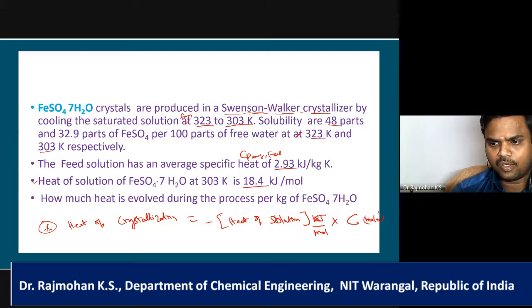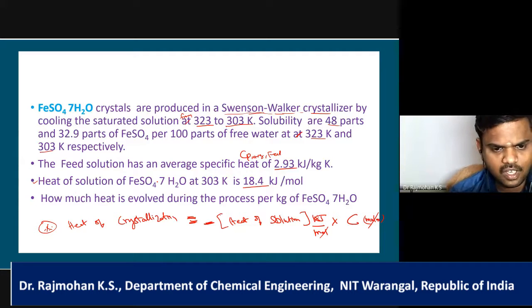Then the moles get cancelled and you get kilojoules per hour. So heat of crystallization is minus of heat of solution into C. This minus sign represents that whatever is the heat of solution is used for the heat of crystallization.